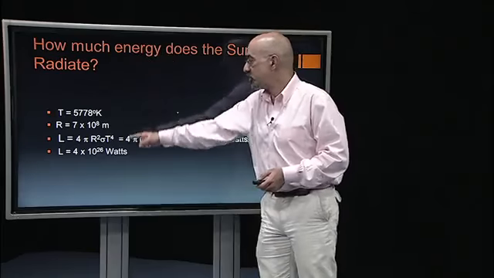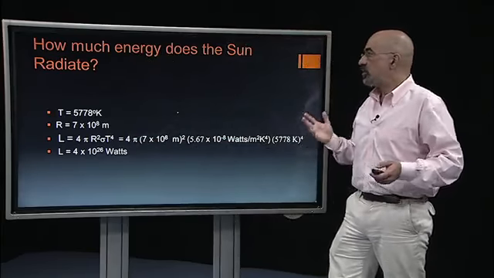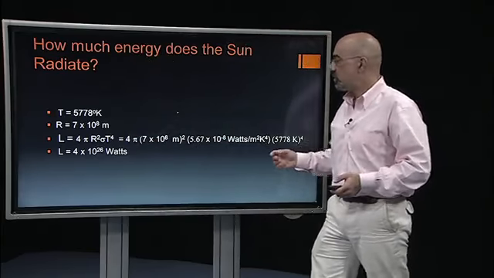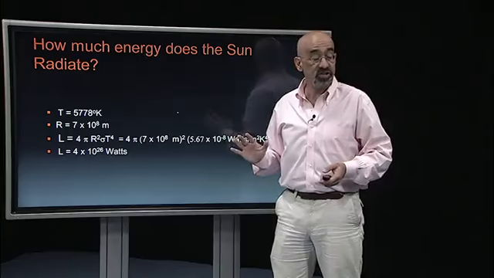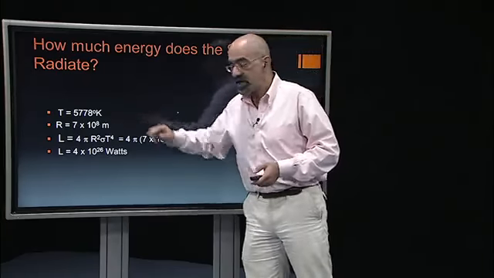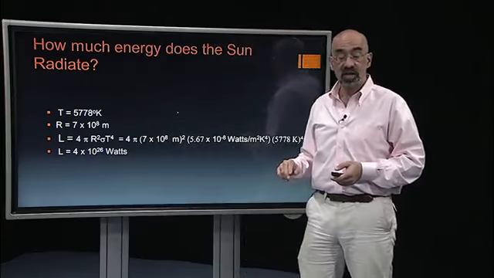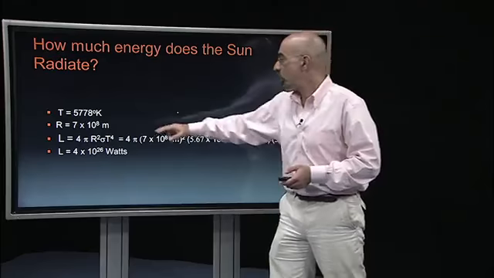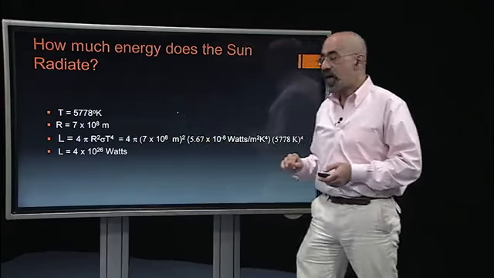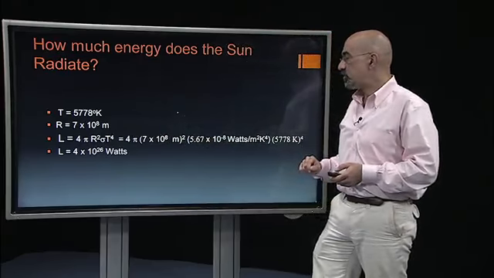Good. Let's apply this and compute how much energy the Sun radiates. The Sun's temperature is about 6,000 degrees Kelvin, or to be precise, 5,778 degrees Kelvin. The radius of the Sun is about 7 times 10 to the 8 meters.